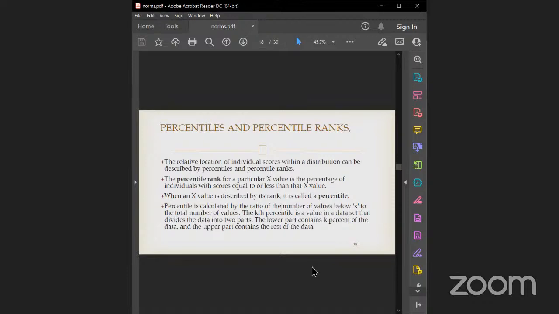So when we talk about this x, the x is what we are going to use as the reference point from which the percentile is this much. It is the point of reference that will help us determine which percentile this particular score falls under and how much of the population is falling below this particular score.